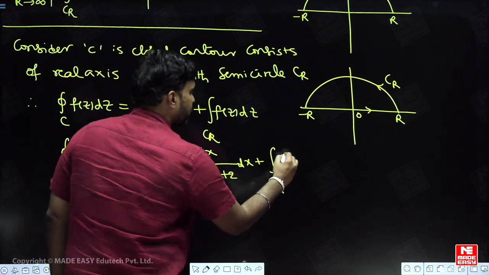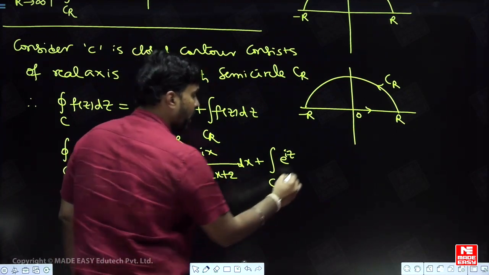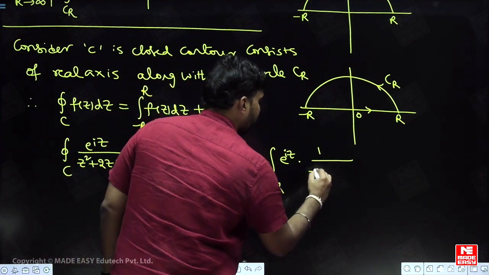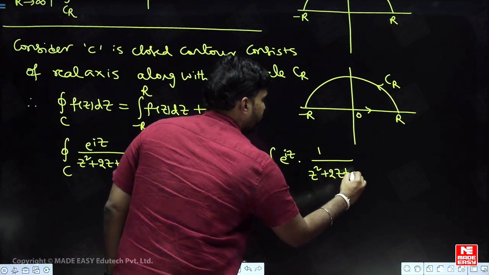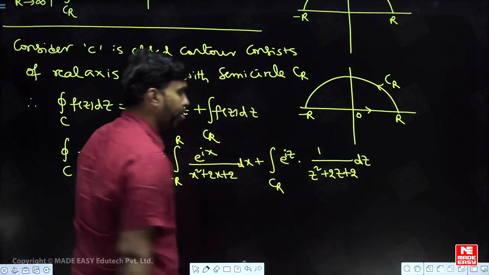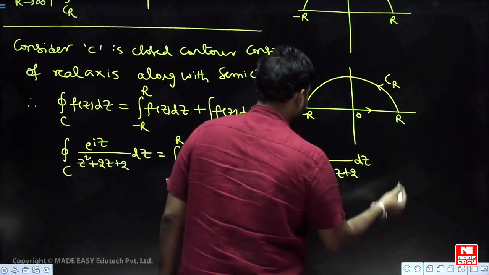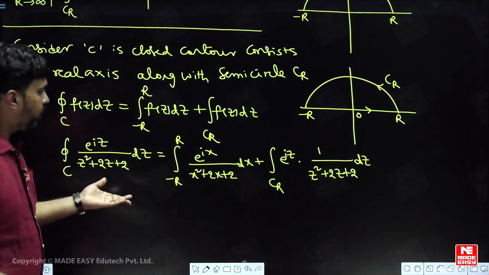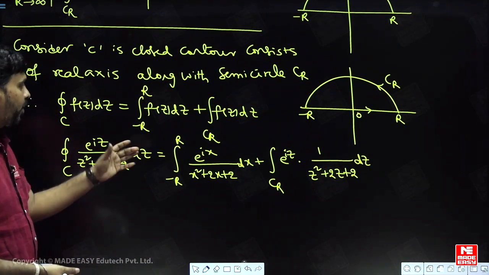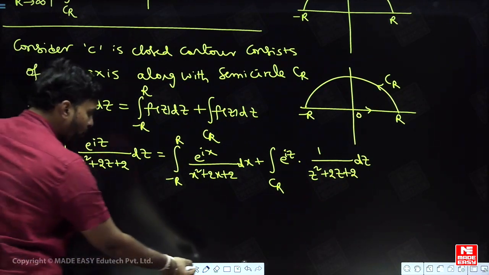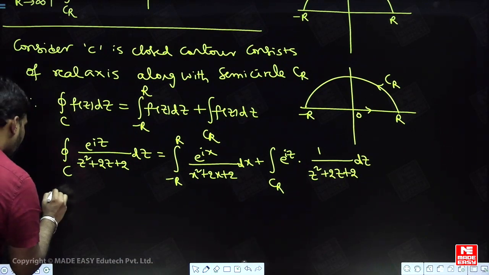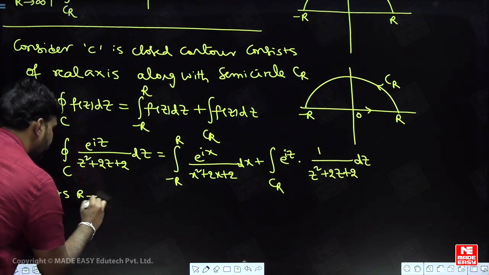Now the point is f(z) means e^(iz) times 1/(z^2 + 2z + 2) dz here. So this is what I have taken as f(z). Now the point is that we apply r tends to infinity.